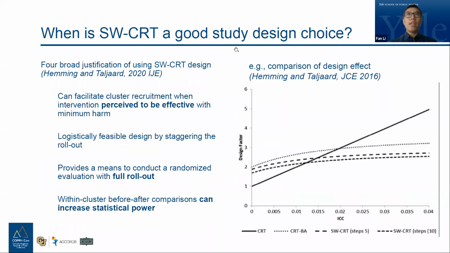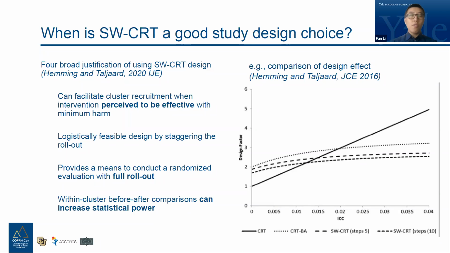So when is a SW-CRT a good study design choice? There is a really nice paper in International Journal of Epidemiology published recently talking about 4 broad justifications of using SW-CRT design, 2 of which are more operational, including the facilitation of cluster recruitment when the intervention is perceived to be beneficial with minimum harm.